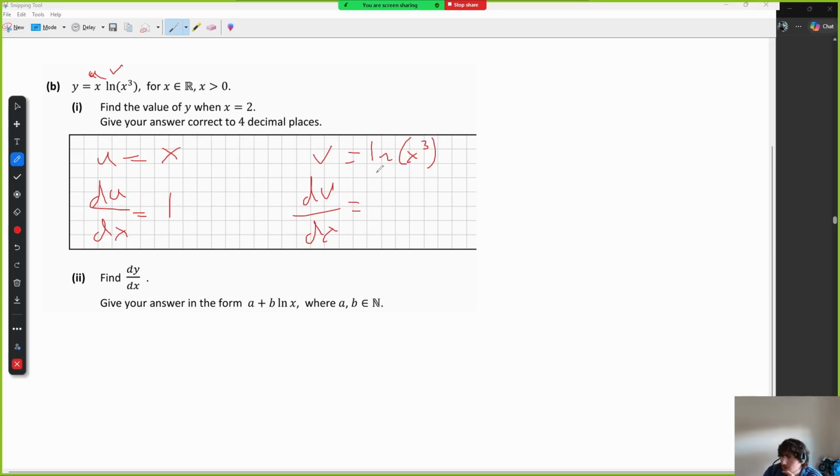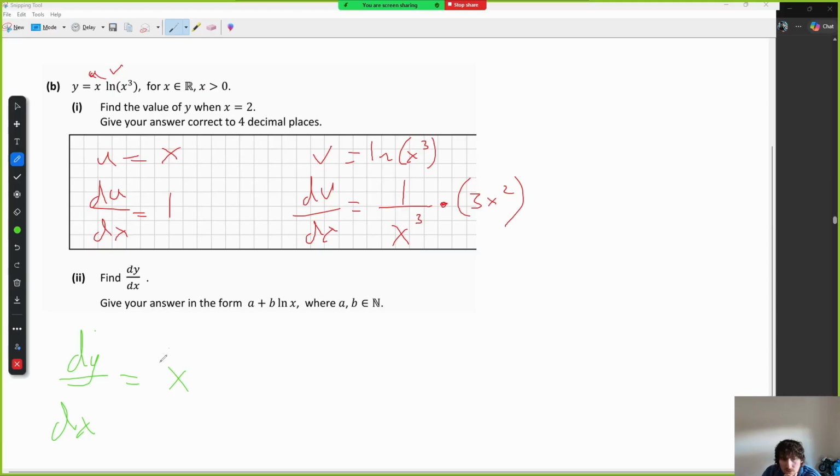How do you take derivatives of natural logs? It's very straightforward. You just go 1 over whatever is in there, doesn't matter what's in there, and you multiply by the derivative of what's in there. And what's the derivative of what's in there? It's 3x squared.